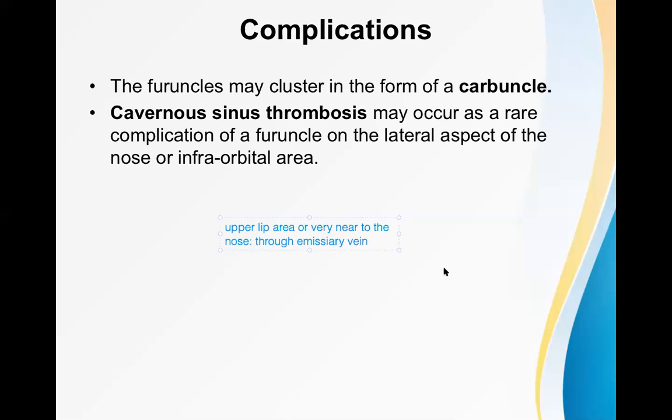So, what is the lesson you have learned? Never squeeze or give pressure unnecessarily on a furuncle which has developed in the high risk area. This is called the high risk area on our face, that is near the upper lip and external part of the nose. You can also consider the lateral aspect of the nose or infraorbital area in that list.